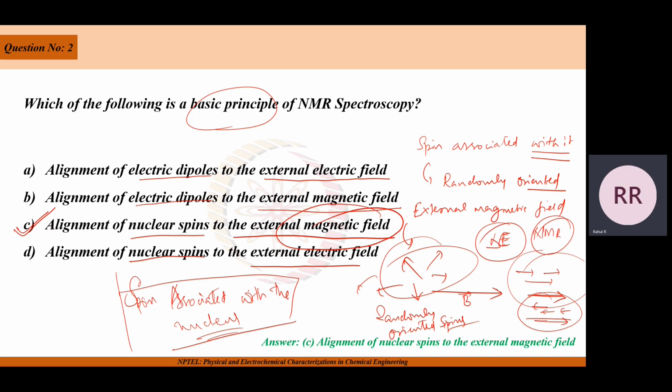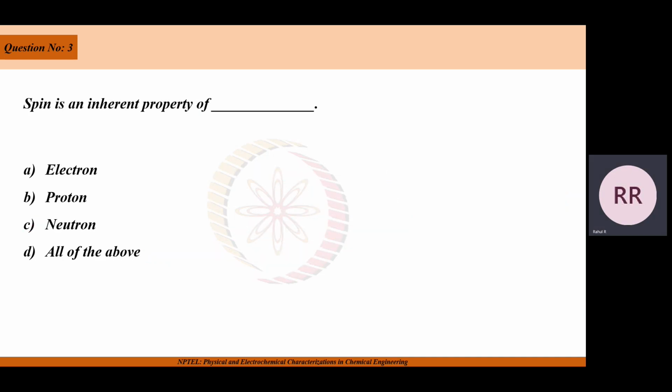Okay, I think we are ready to go for the next question. The next question is: spin is an inherent property of electron, proton, neutron, or all of the above. I can read you the question once again. Spin is an inherent property. An inherent property is a property that is inbuilt to something, that is already there in that thing.